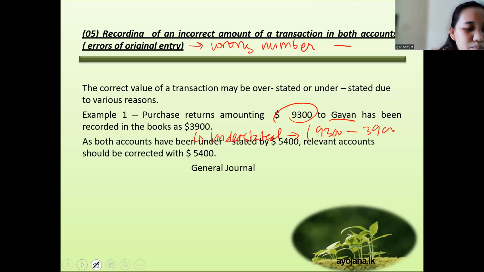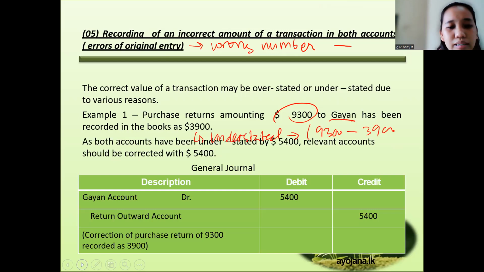Okay, for that number, we can find out that it's around 5,400. So as both accounts have been understated, 5,400 should be recorded in the relevant accounts. So it means purchase returns to Gayan, we are returning to our suppliers.